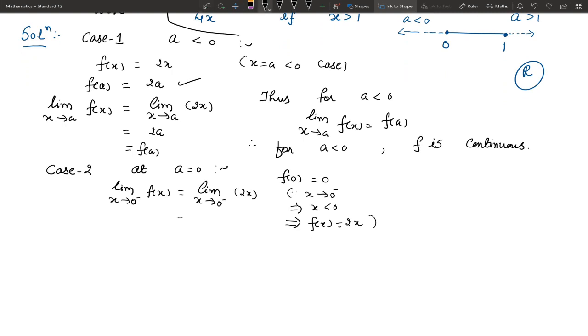Now put x equal to 0, so this is 0. Say result 1. Result 2.